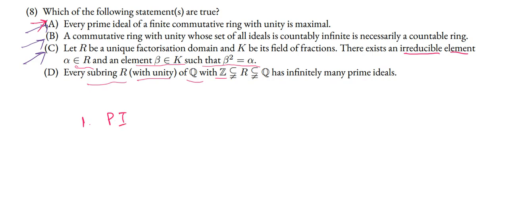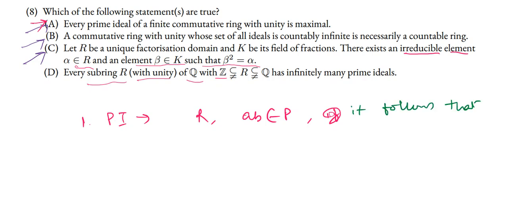In a commutative ring R, an ideal P is prime whenever AB belongs to P, it follows that either A belongs to P or B belongs to P.